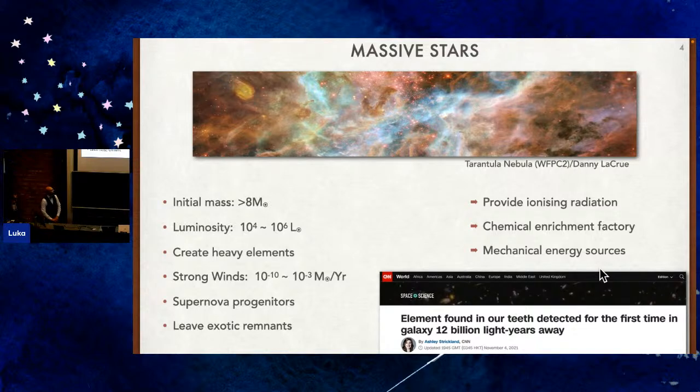Not always, but there are cases when this can happen. Through such strong winds and supernova explosions, they can also deposit heavy elements that they produce throughout the process of nuclear burning into the surrounding interstellar medium, thus enriching it. As a fun fact, the fluorine commonly present in human teeth was traced back to originate from some of those massive stars.